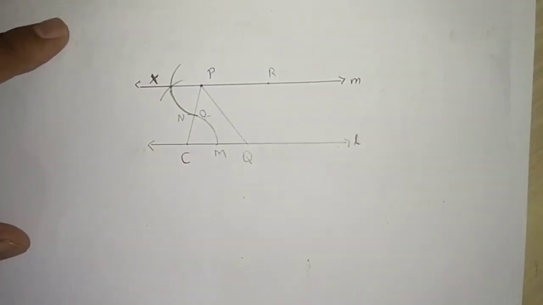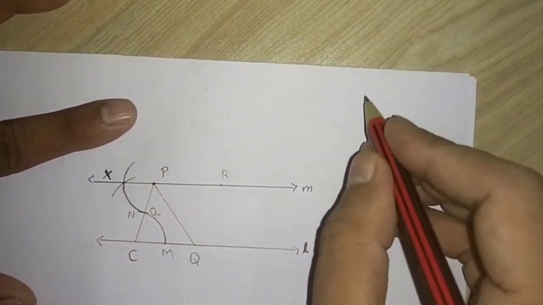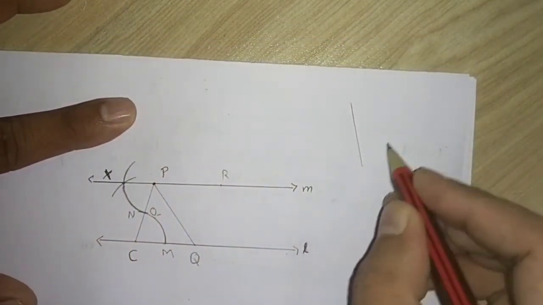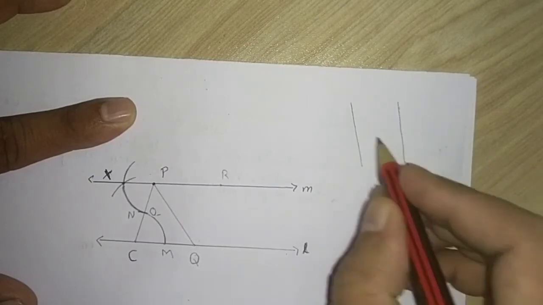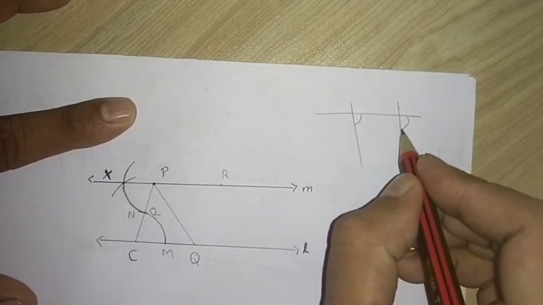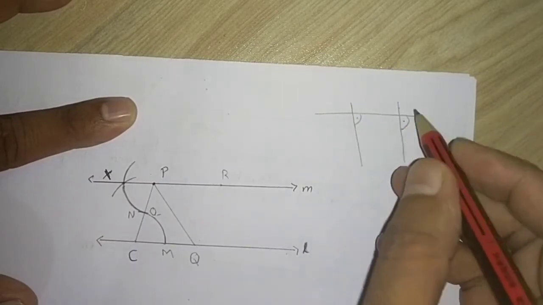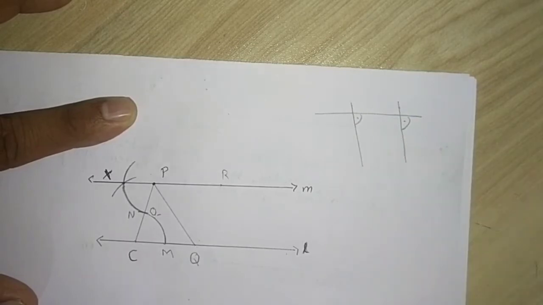Now to draw parallel, what will we do? You know from chapter 5 that if you want to draw parallel lines, this angle and this angle, if somehow I make both the angles equal, then these two lines will be parallel.